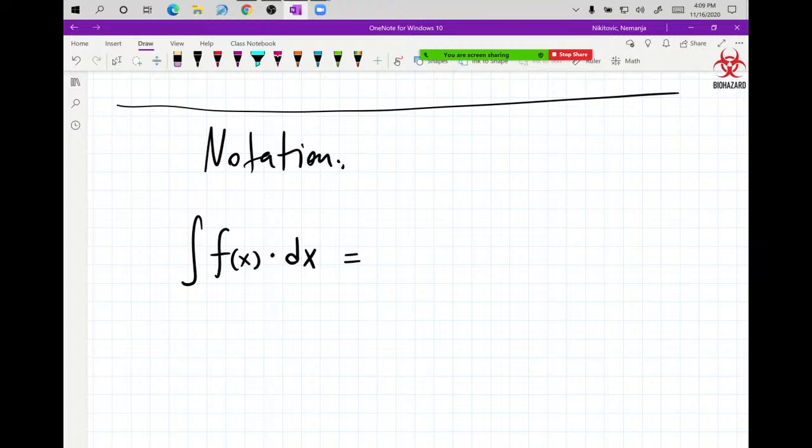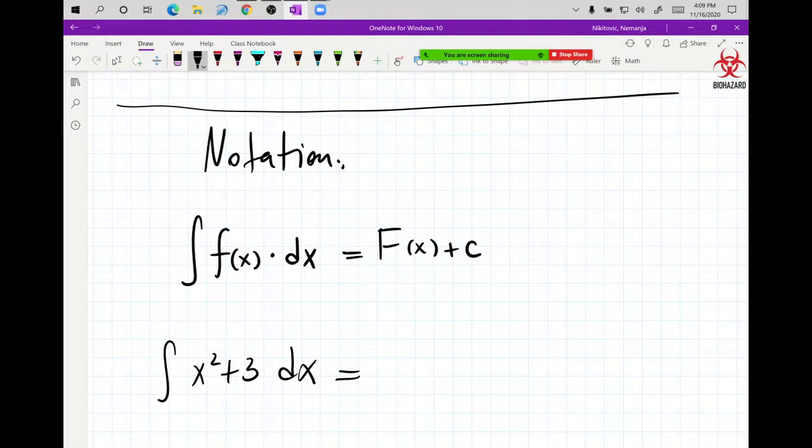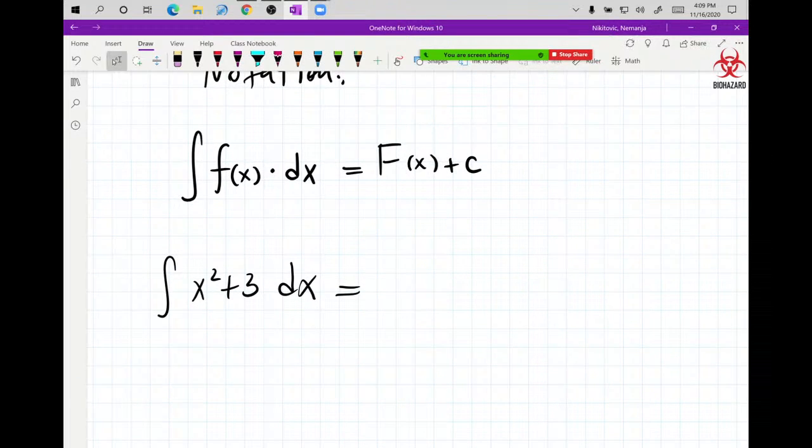Well, look, if I have to integrate x squared plus 3 and I just put dx like this, well, I'm in trouble, because there is a multiplication here, and by order of operations, this gets done first. But we know that both the integral sign and dx need to be available for both of these. So this is the proper way to write it. If you have multiple terms, use parentheses. Let's write that in blood.